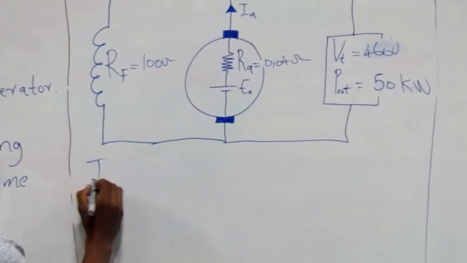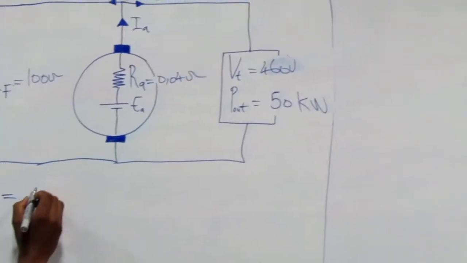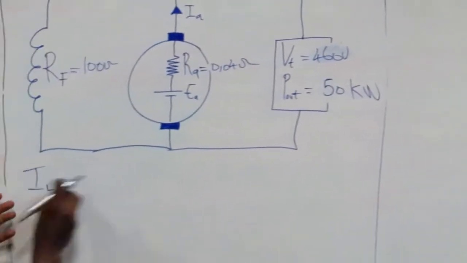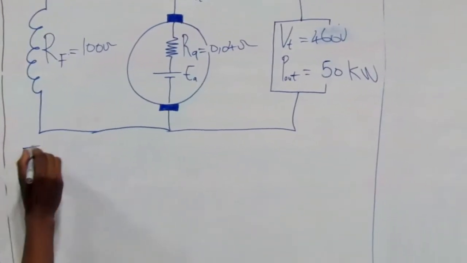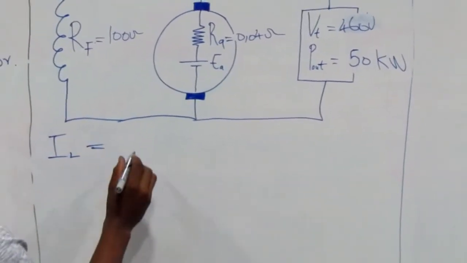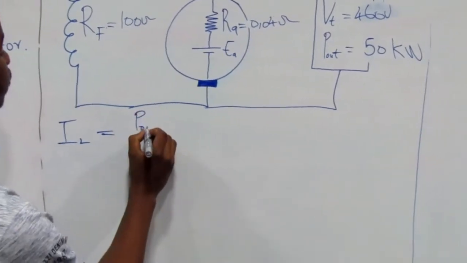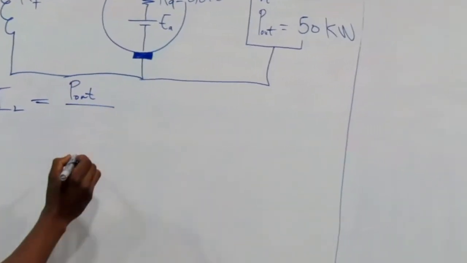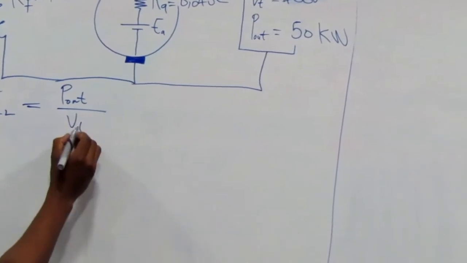How do we calculate IL? IL is equal to power output over V terminal.